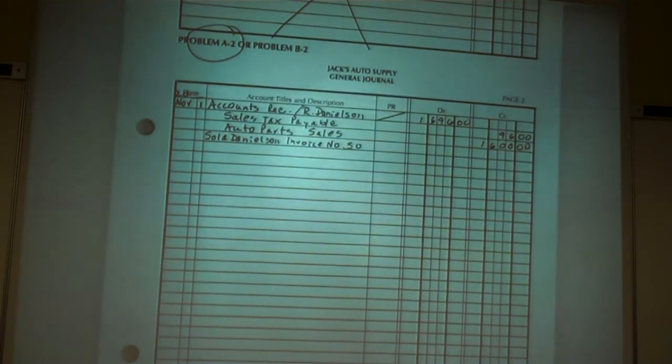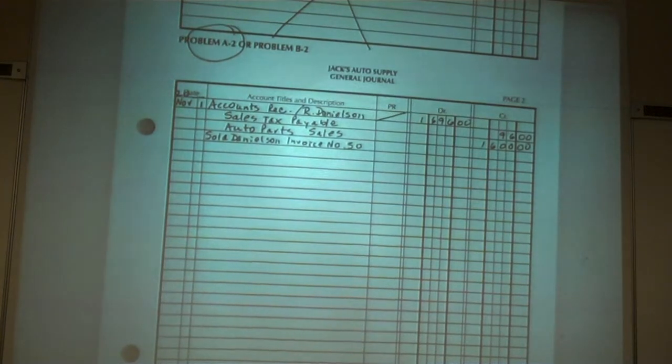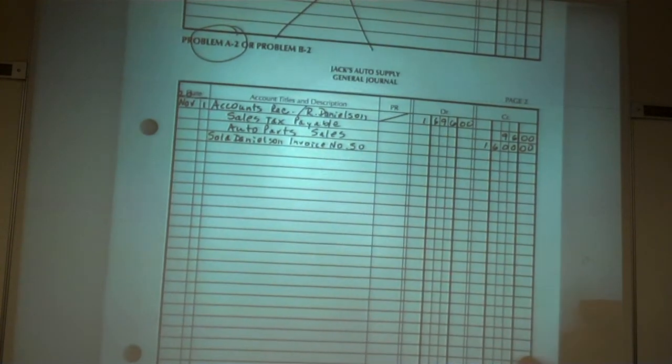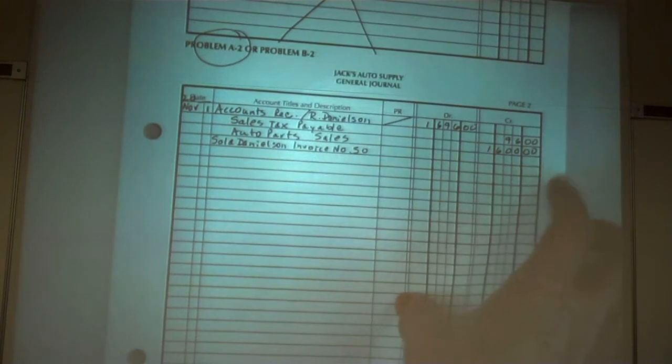We did all of the transactions, and then when we posted, we only posted the lines that had the diagonal on it. When you're doing your homework, you'll post all of them, but we were trying to speed it up, so we only posted those items that had the diagonal.